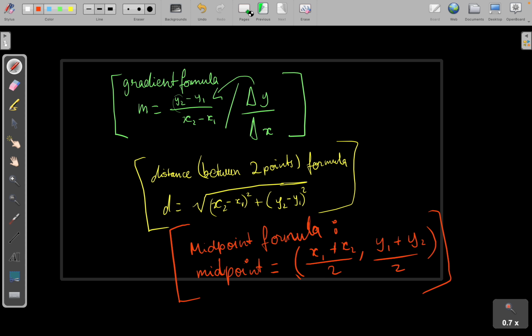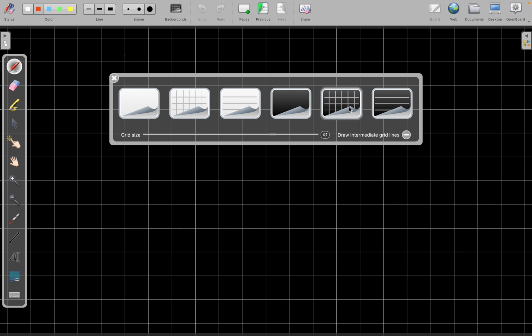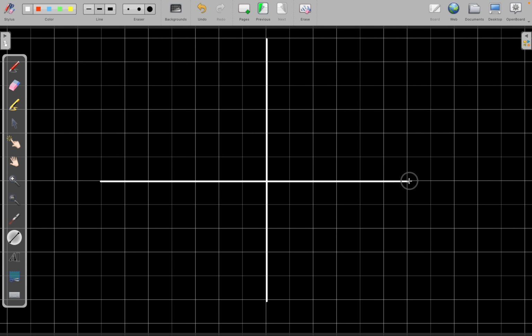So here are the formulas. I'm now gonna give you some problems. Again, make the background grid. And I'm just gonna draw a coordinate plane. Your first task is to label all of these.